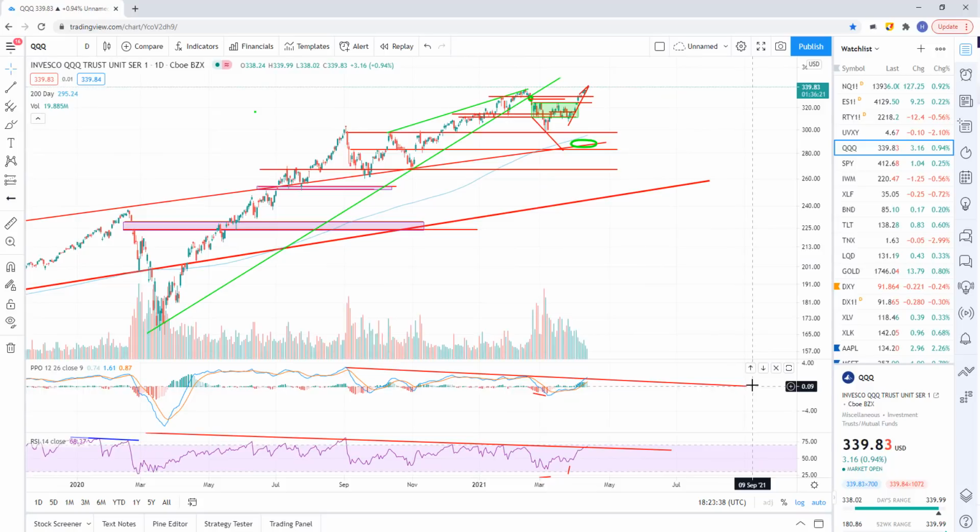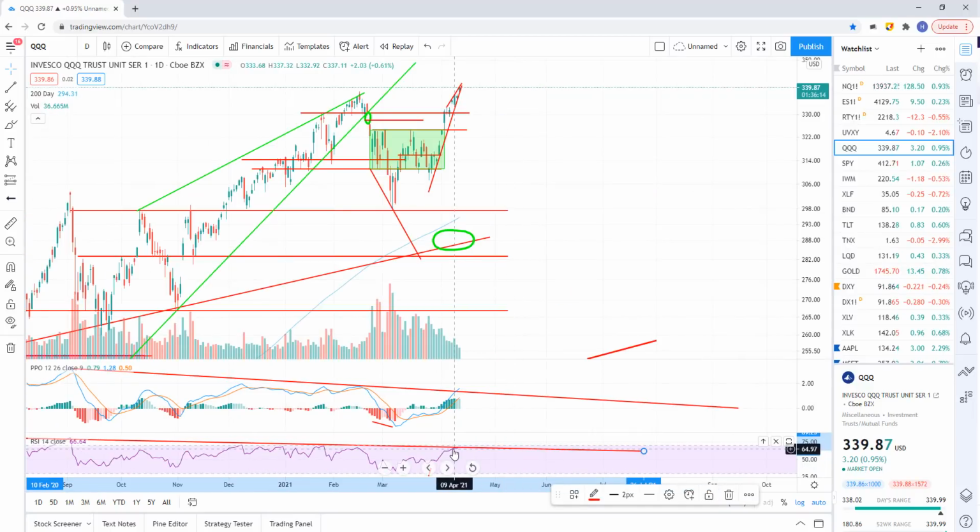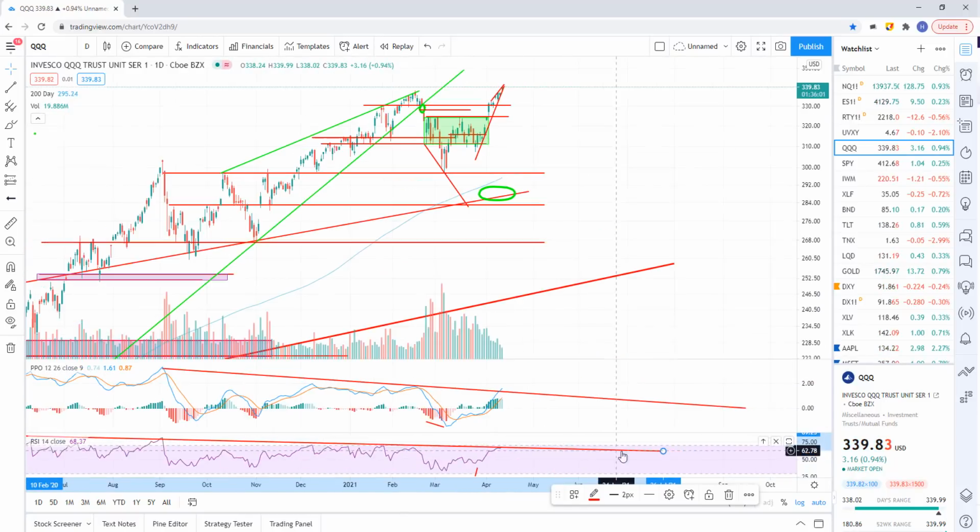the momentum, see the RSI, the PPO, how it's just slightly lower momentum than the previous. So there's your momentum. It's basically an equal amount of momentum on the RSI, but still equal or lower is negative divergence. Now it's not confirmed yet.